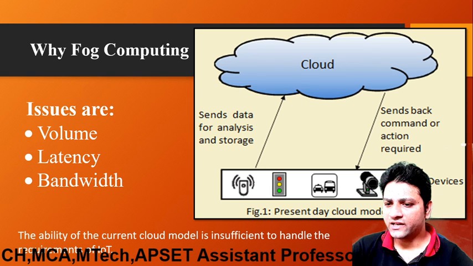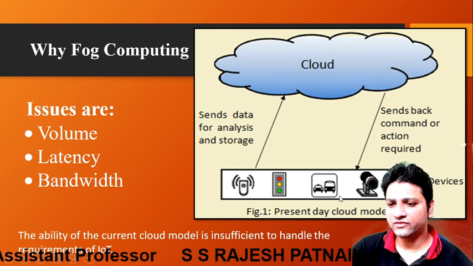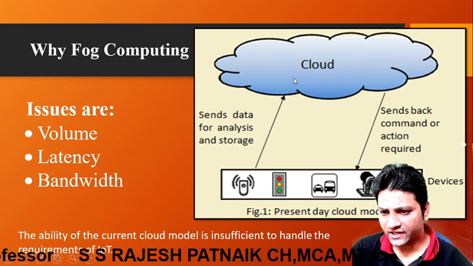These devices are used by different organizations and industries for different purposes. The data is sent directly to the cloud for analysis and storage, and the cloud sends back a command to make an action. That means everything is going on the cloud. So we need a middle-level layer to solve these issues.